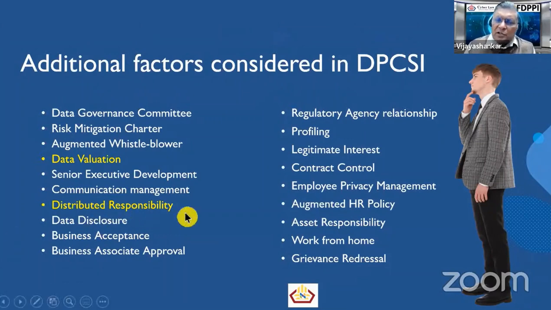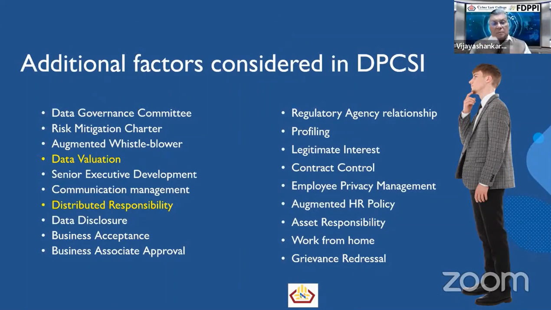There is also a concept called distributed responsibility, which will also be very novel. Under this, the responsibility for data protection is distributed across the organization, where the DPO will remain accountable to the outside world, but within the organization, we will have internal data controllers who will be taking some additional responsibilities based on how close they are to a process.